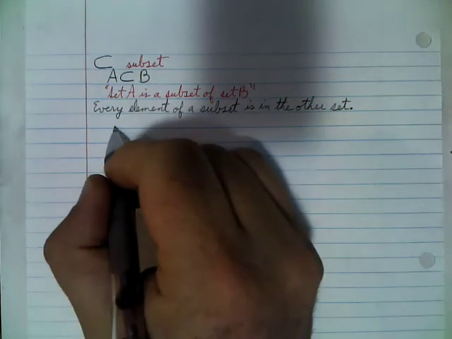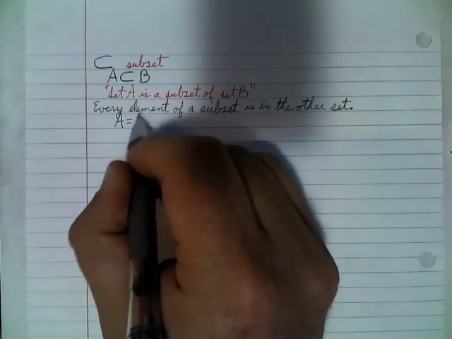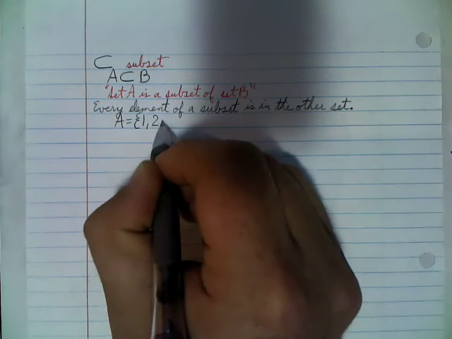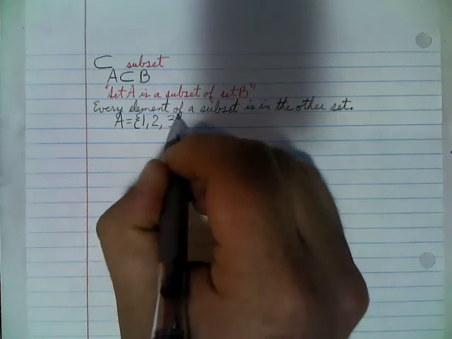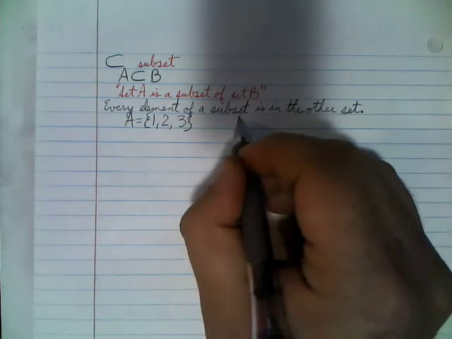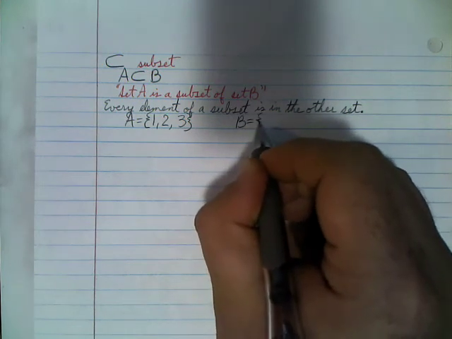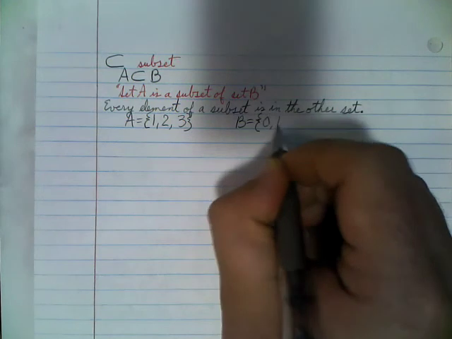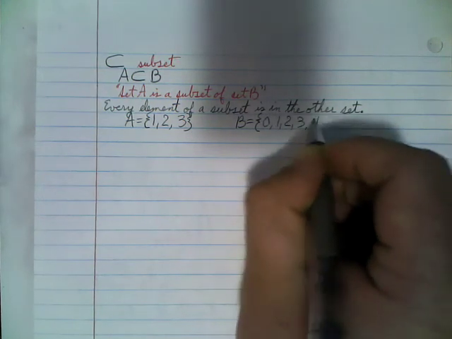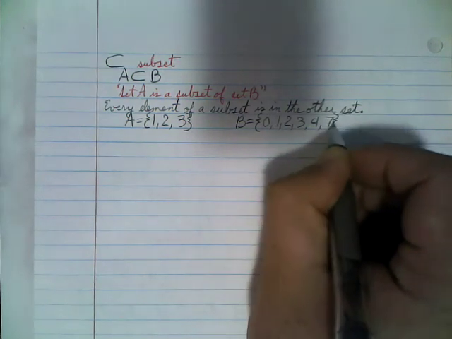So for example, if I said A equals the set of 1, 2, and 3, and I said B is the set of 0, 1, 2, 3, 4, and 7.